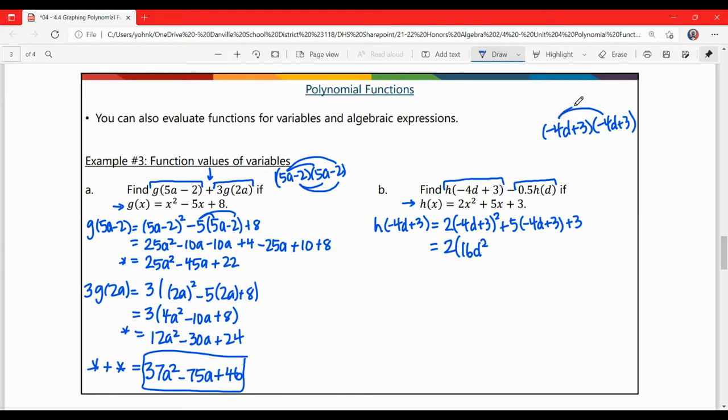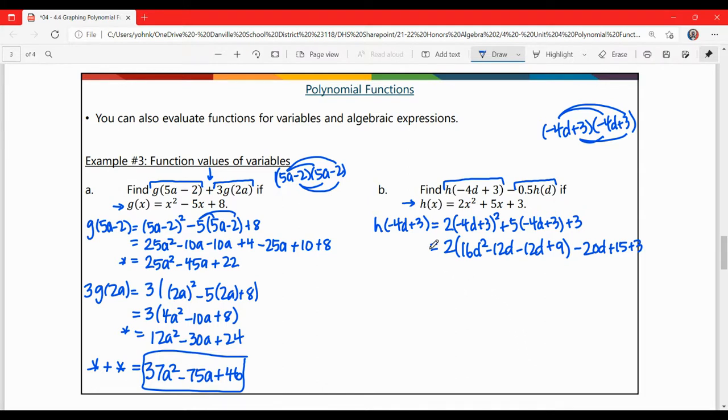Then I have to do negative 4d times 3 is negative 12d. 3 times negative 4d is negative 12d. 3 times 3 is 9. So that's the inside. I distribute the 5. 5 times negative 4d is negative 20d. 5 times 3 is 15. And a plus 3.